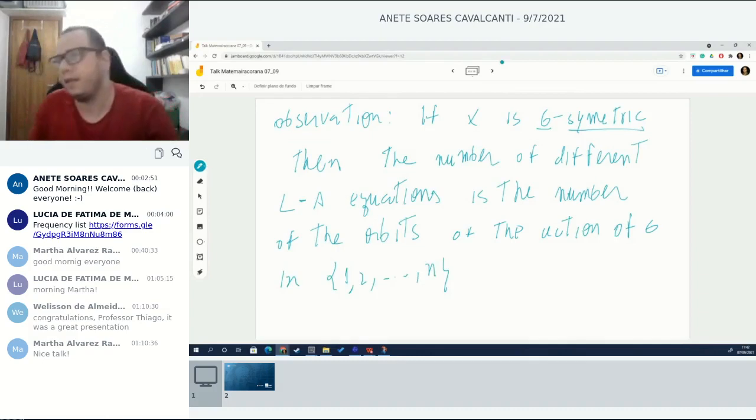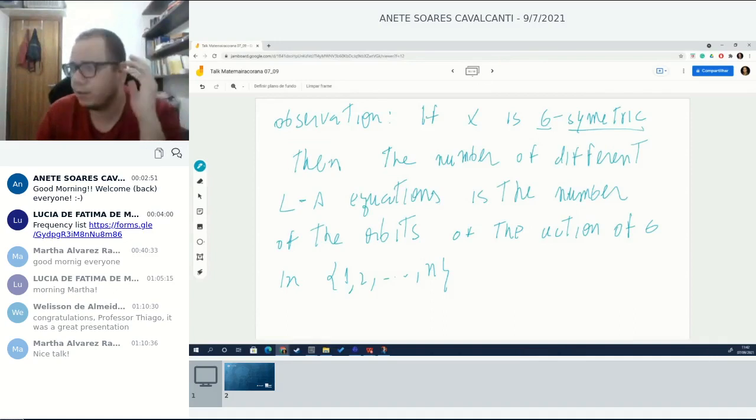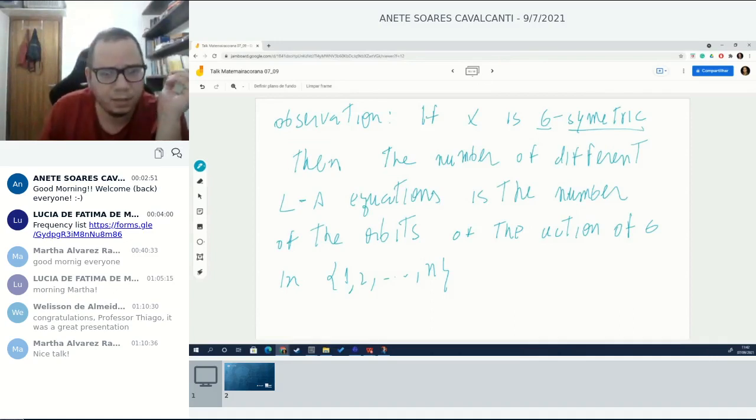Then for each group symmetry, we can obtain a set of Laura-Andoyer equations adapted to the symmetry.